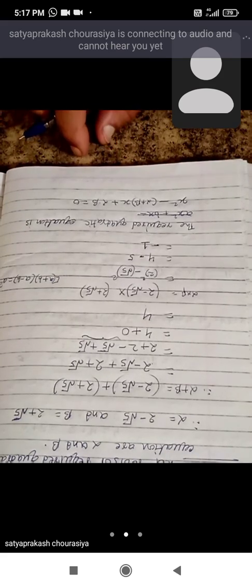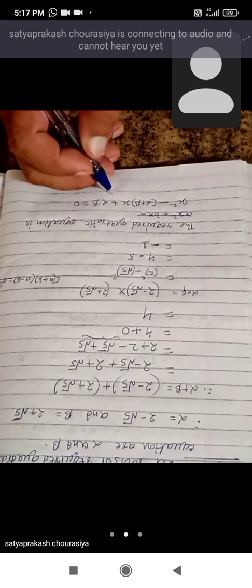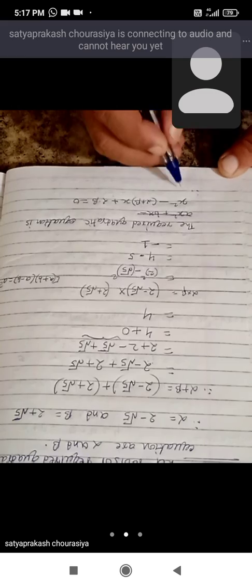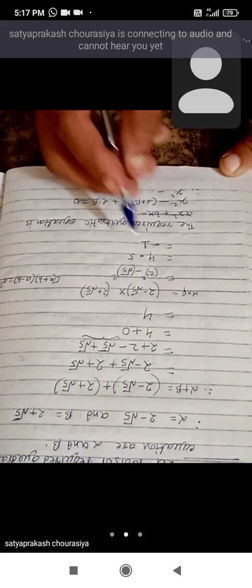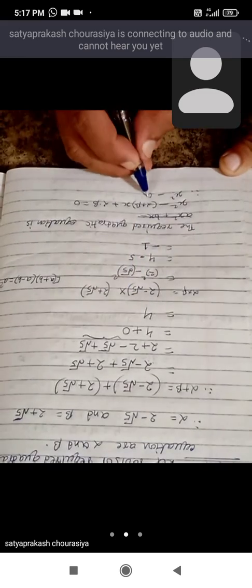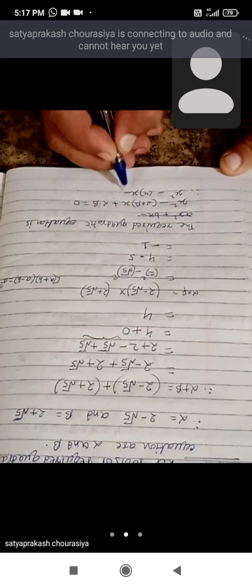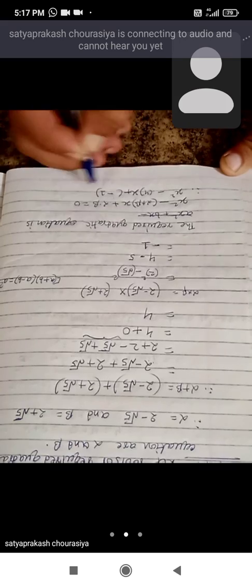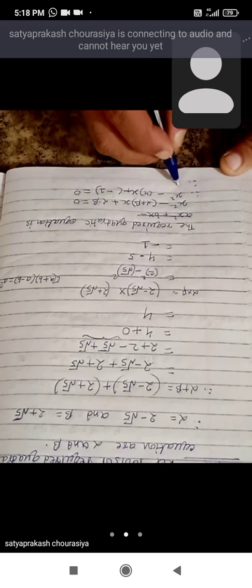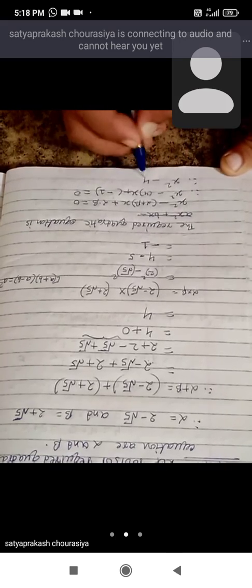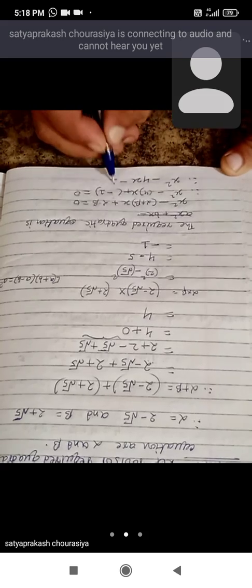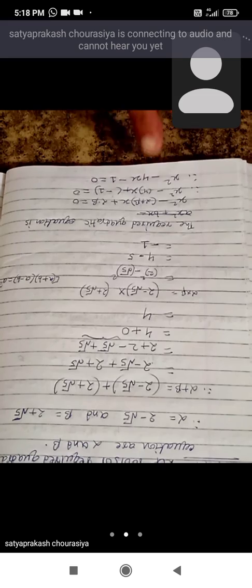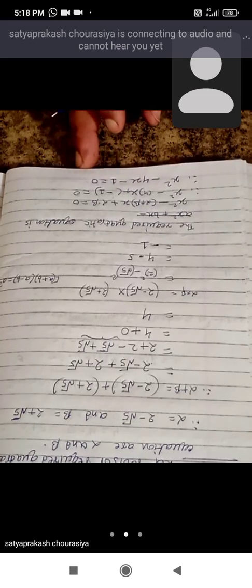Now we will substitute the alpha plus beta value and alpha into beta value in the given quadratic equation. So therefore x square minus alpha plus beta value, which is 4, into x plus alpha into beta value, which is minus 1, is equal to 0. So therefore x square minus 4x minus 1 is equal to 0.